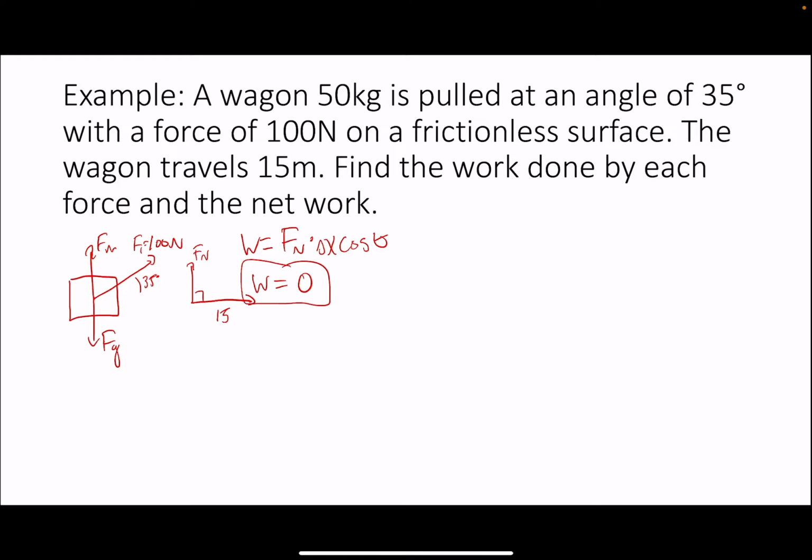All right, let's do the work done by gravity. But similarly, gravity is straight down, and the displacement is still straight across. So funnily enough, gravity also does no work, which again should make some sense because the force of gravity really isn't adding energy to the object at all or taking away energy.